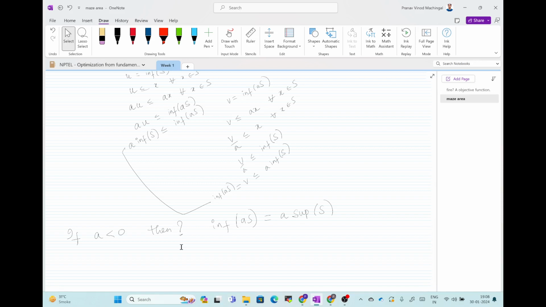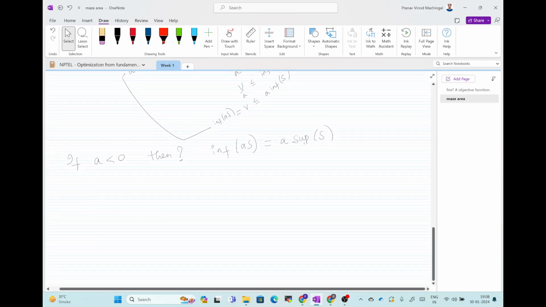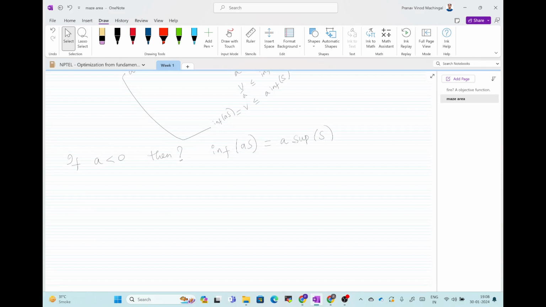So let me take a different question. You have the sequence 1, 1 by 2, 3, 1 by 4, 5, 1 by 6, and so on. Is it a converging sequence or a divergent sequence?